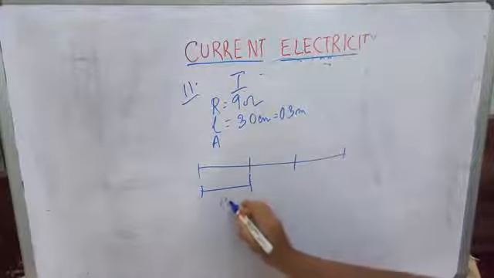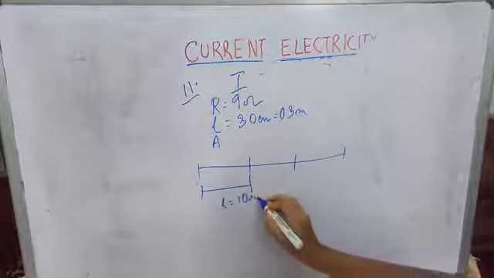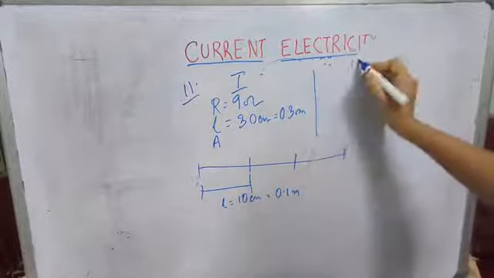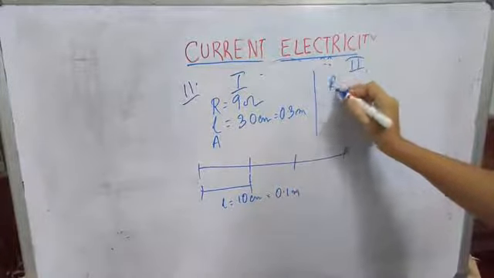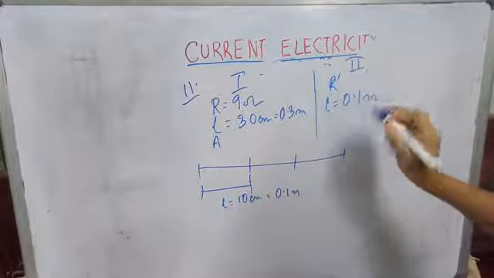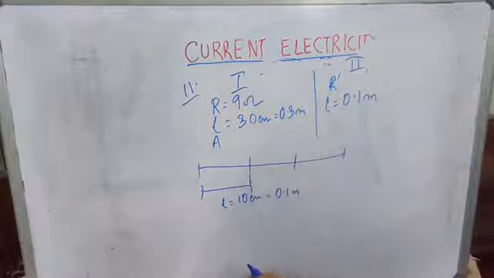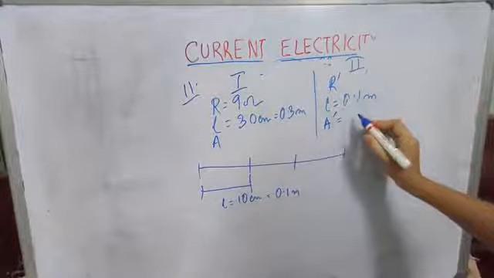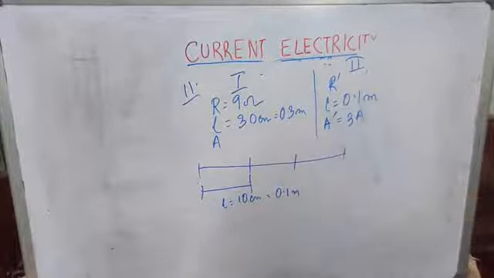The new length is 10 centimeter, that is 0.1 meter. In the second case, resistance is unknown, length is 0.1 meter, and as we fold it on itself 3 times, the new area becomes 3A.